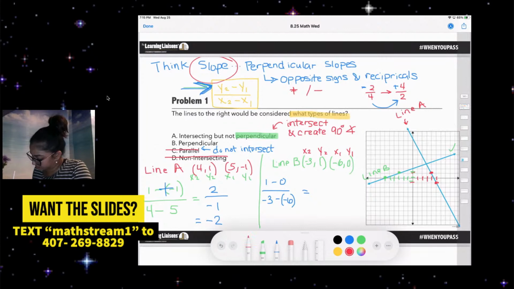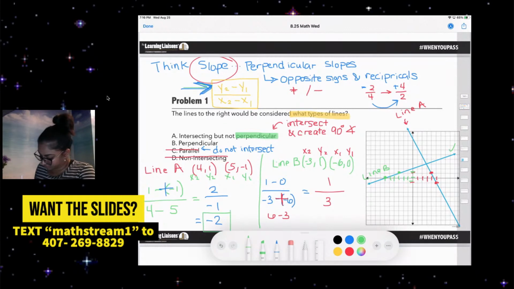Remember earlier we talked about those two negatives become a positive. So we'll have 1 minus 0 on top, which is 1. And negative 3 plus 6. It's the same as saying 6 minus 3. And we get 3 on the bottom.